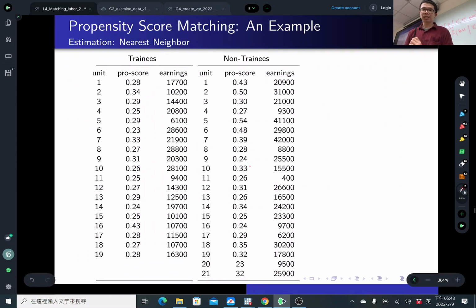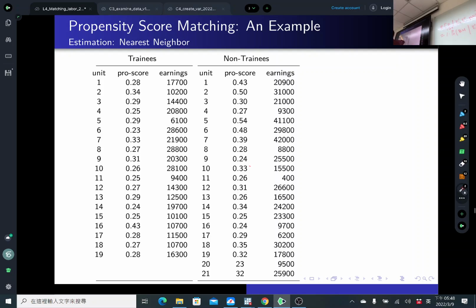So for example, unit 1 has a propensity score of 0.28, and unit 2 is 0.34. For the control group, you can also get it based on their characteristics, age, education, a lot of things.